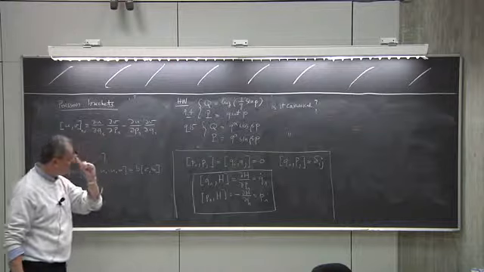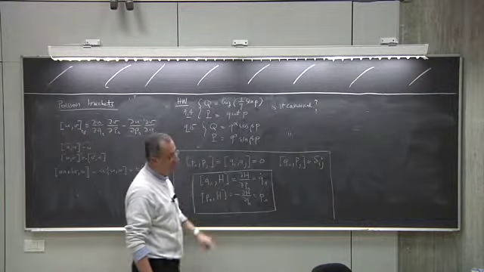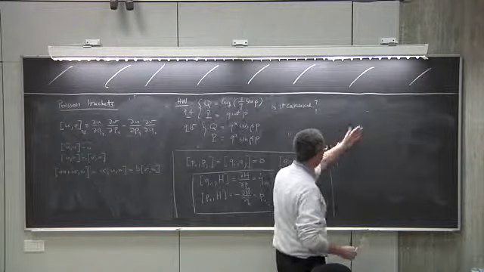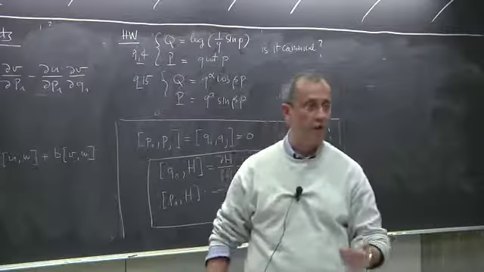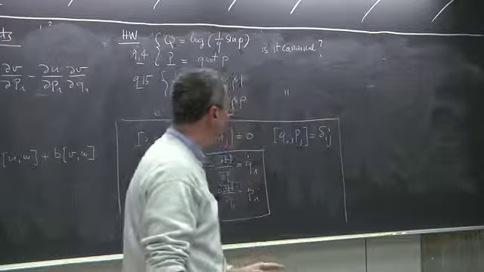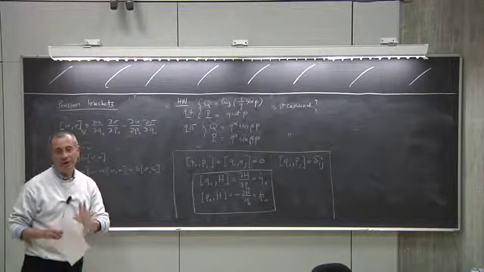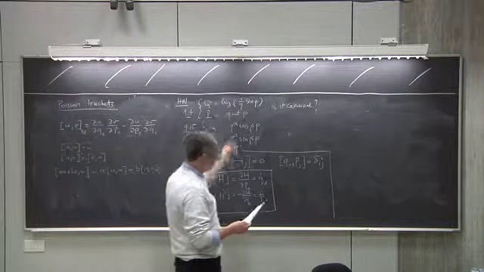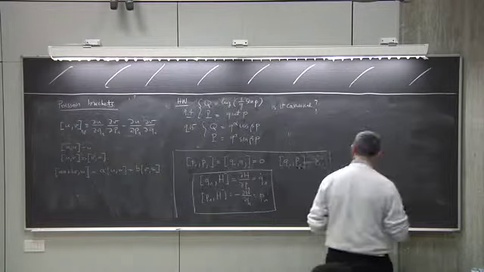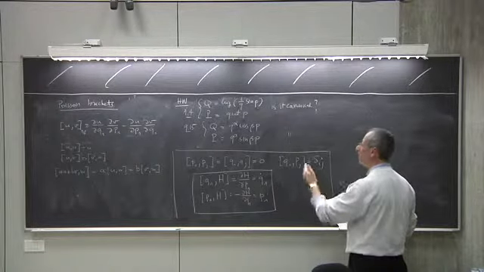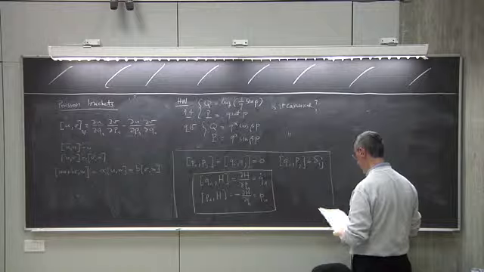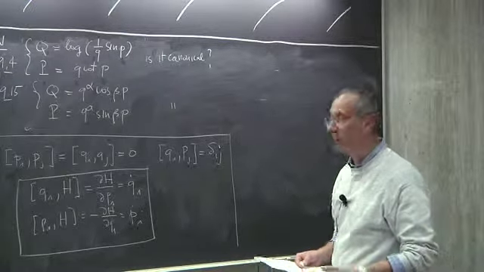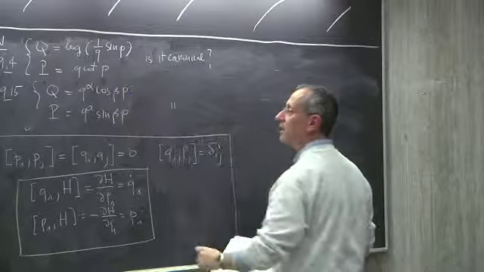Take the first one, try the first way. What is the definition of a canonical transformation, remember, it was written here? A canonical transformation is a transformation for which the Hamilton equations are preserved in form. So you have to prove that by doing this transformation, your equations with the new Hamiltonian, big K, are the same form as the canonical one. Okay, this is one way. You can try that here.